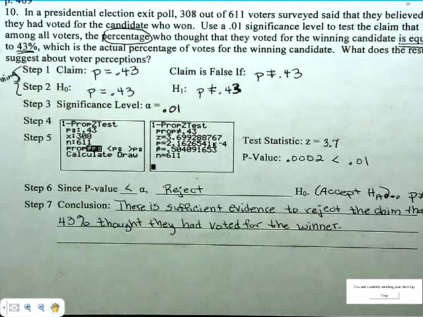Voters aren't good at predicting who won, because 43% actually voted for the winner, but something other than 43% said they voted for the winner.